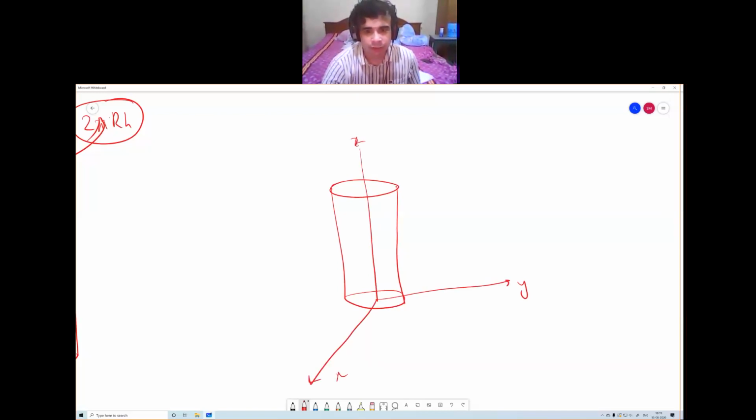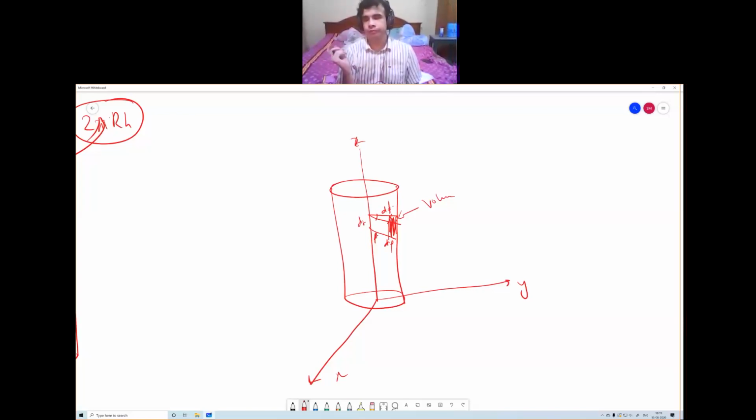Now let us consider a small part. This is dz, and the cylinder, and we need to find the volume of the cylinder. This is rho, this is d rho, and this angle is d phi. What is the volume of the cylinder?